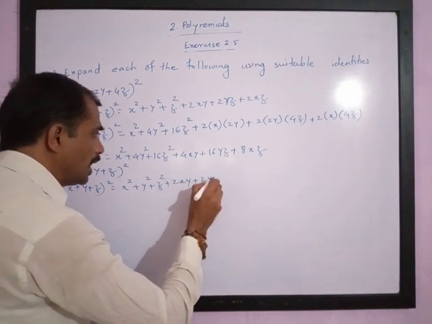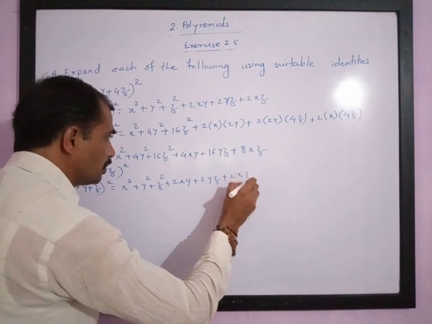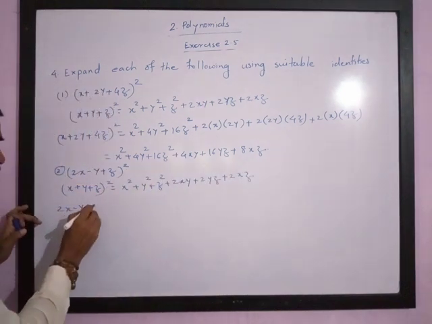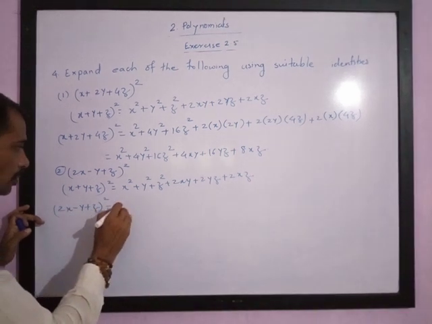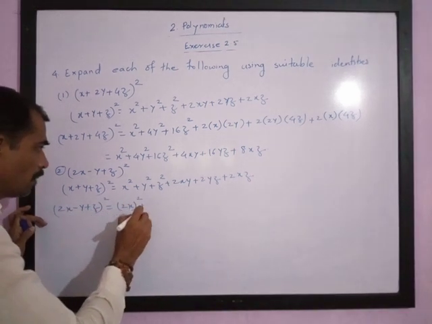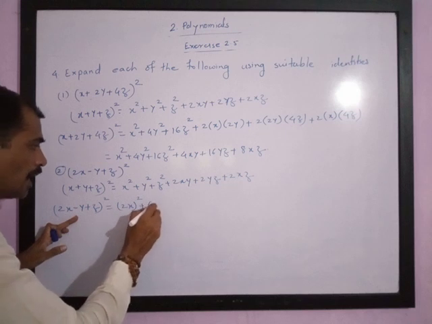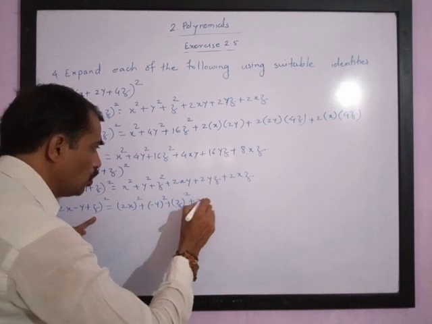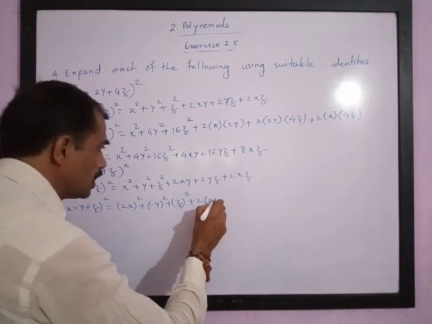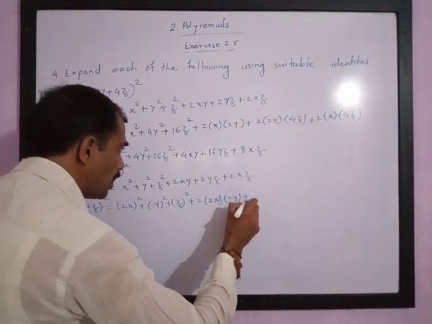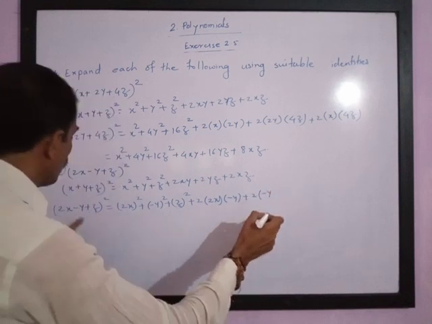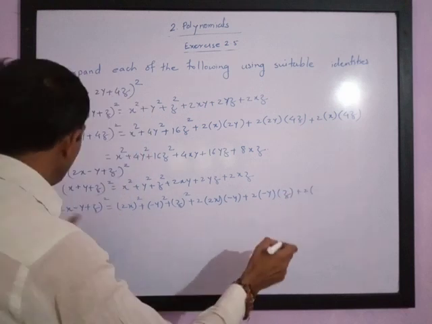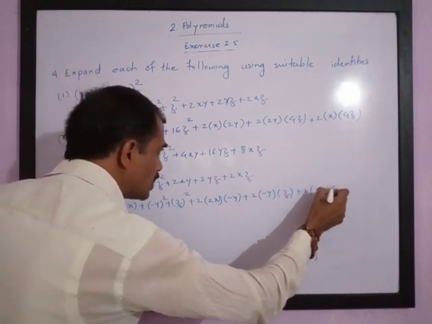plus 2yz plus 2xz. So (2x minus y plus z) whole square is equal to (2x) square plus (minus y) square plus z square plus 2 multiplied by 2x into minus y plus 2 multiplied by minus y into z plus 2 multiplied by first term 2x and last term z.